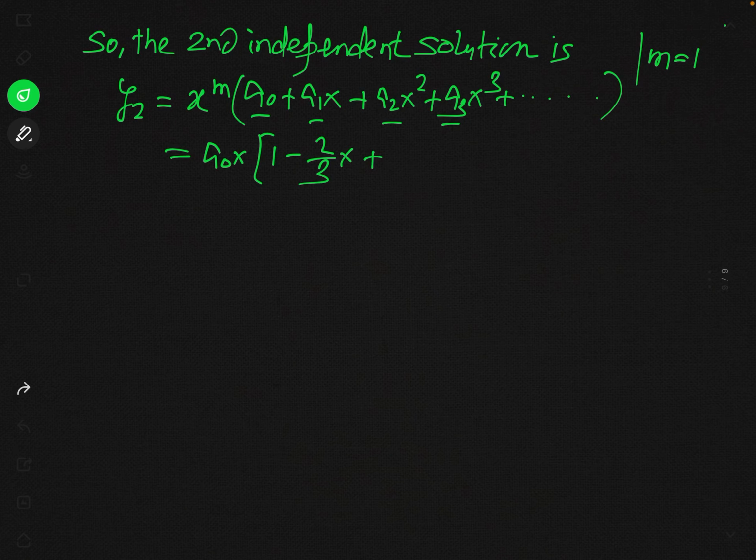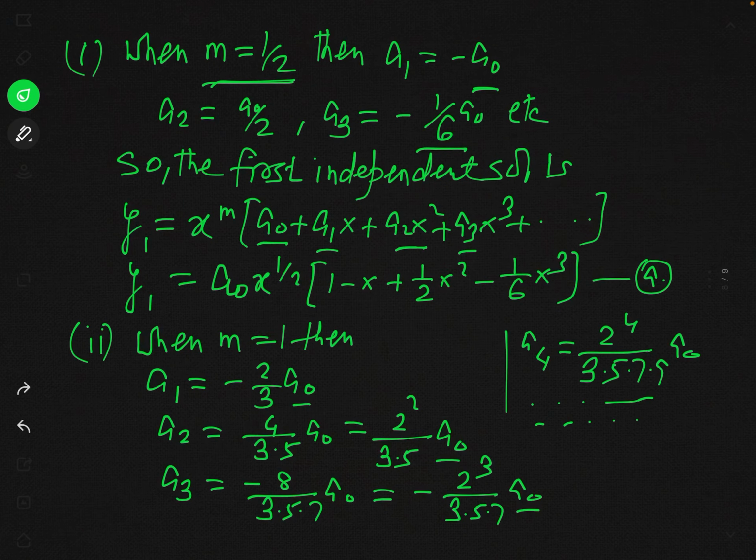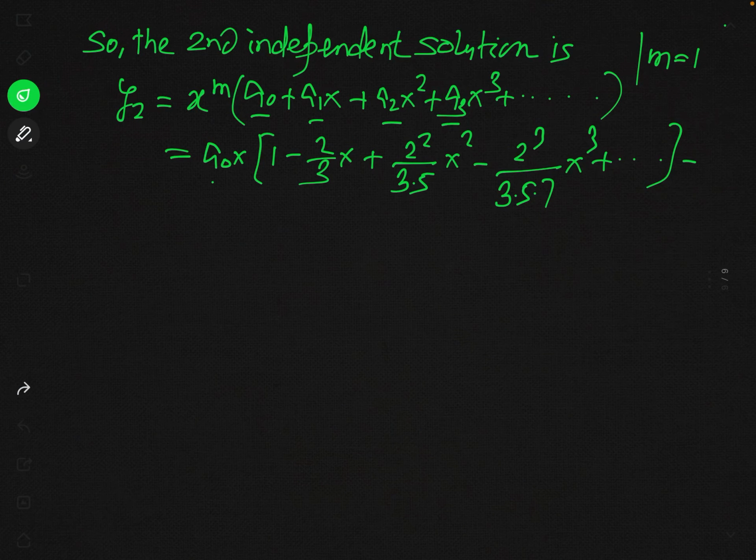And when you substitute the value of a2, which is 2 square by 3 into 5 into a naught, this becomes 2 square by 3 into 5, x square, and minus 2 cube by 3 into 5 into 7, the value of a3, and x cube, and plus so on. So this is the second independent solution of this differential equation.